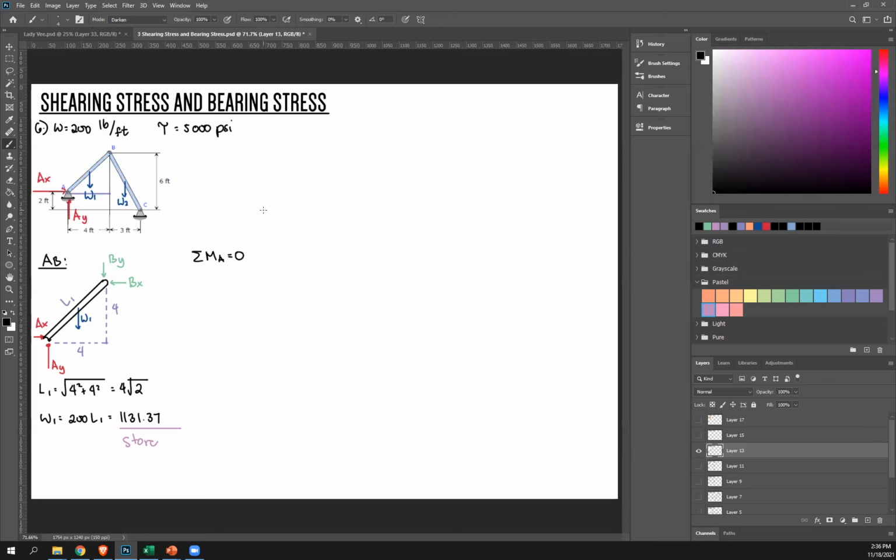The summation of moment at A is 0. AY, AX pass through A, so ignoring those. Let's start with W1. It rotates about A clockwise, so positive W1. And now the question is, what is that perpendicular distance? What is this length? Now, since this is weight acting at the centroid, the actual span and the horizontal and the vertical components are all just divided by 2.